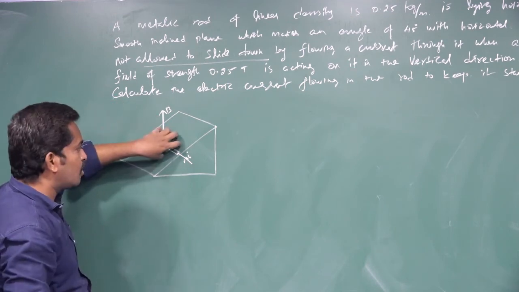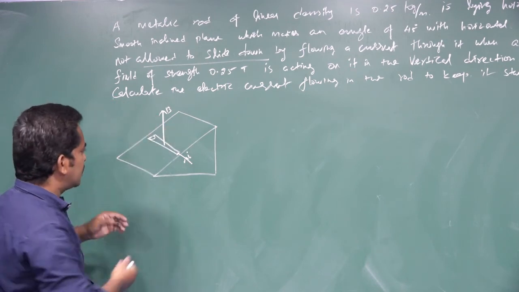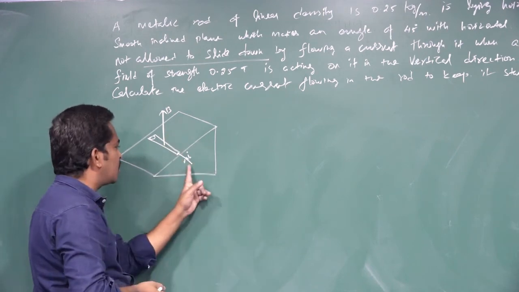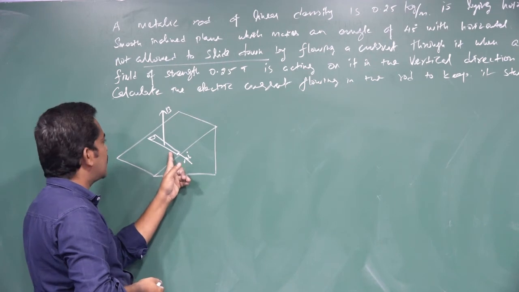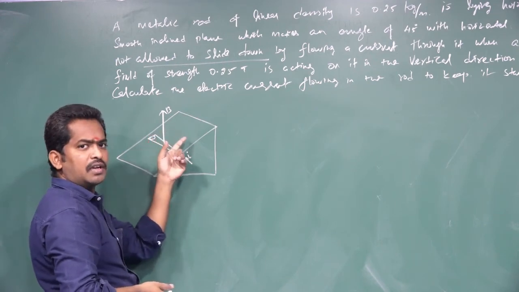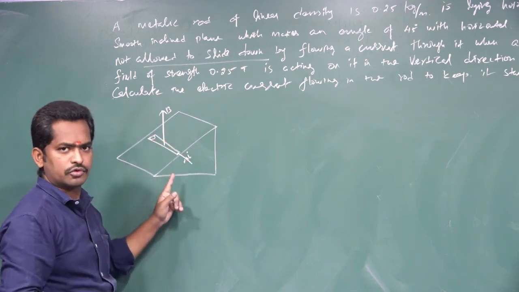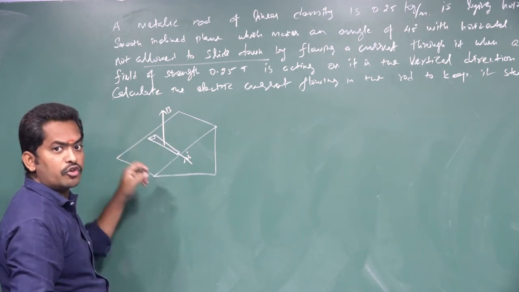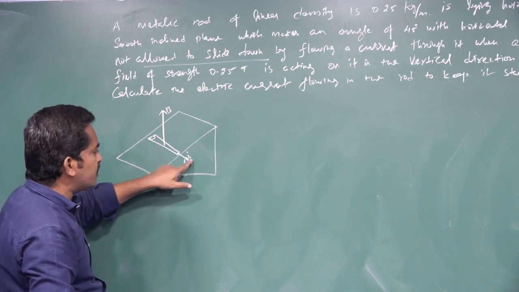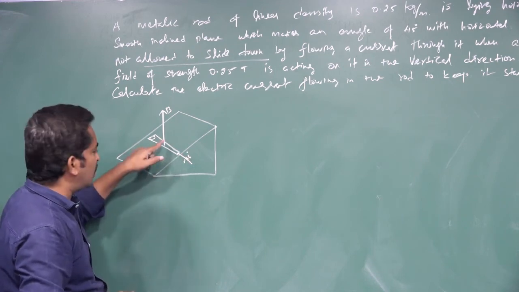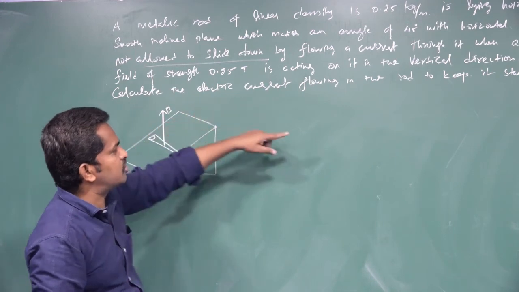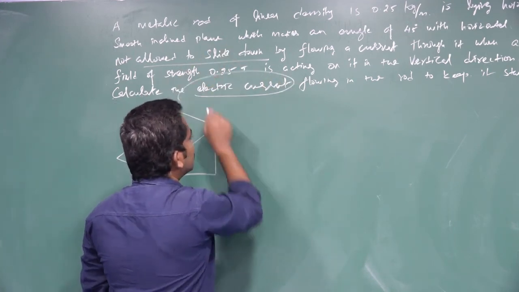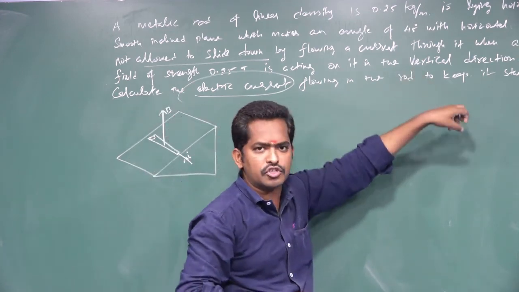If we consider the inclined plane, the rod would slide down, but when current flows through the conductor in a vertical magnetic field, a force must act. That force should keep it stationary. I want to calculate how much current must flow through the conductor to keep the object stationary. Calculate the electric current flowing in the rod to keep it stationary.